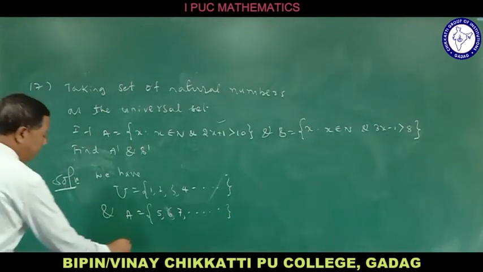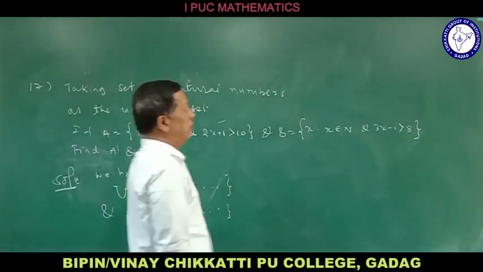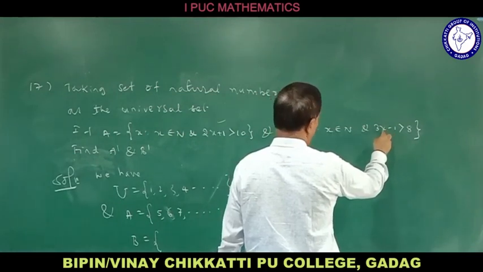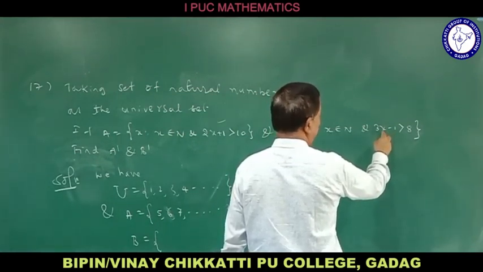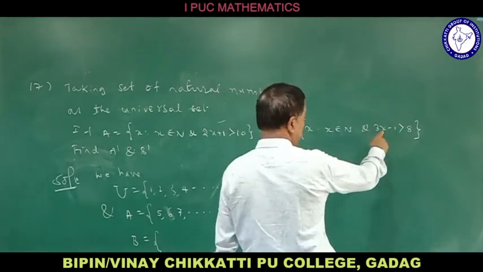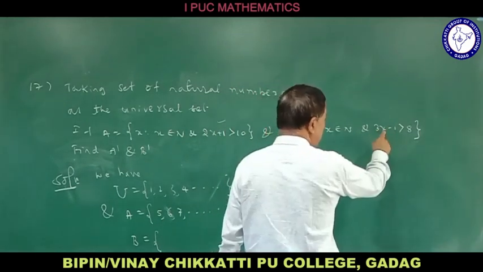And similarly, you see that B. Try to understand. This should be greater than 8. Suppose 1, no, 2, no, 3 threes are 9, 9 minus 1 is 8, which is not greater than 8, so 3 is not possible.